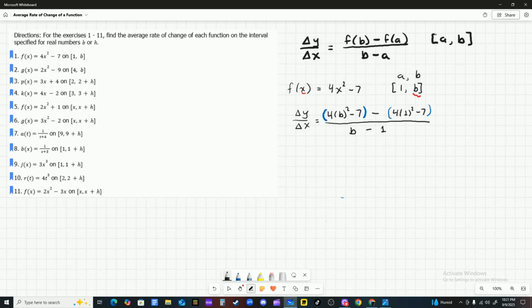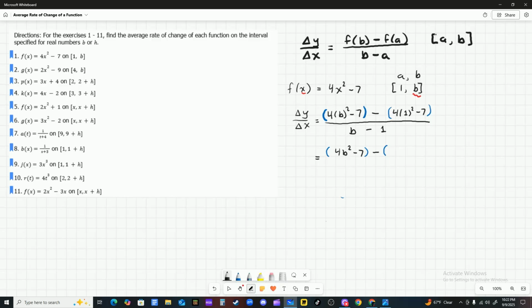So now we can start simplifying this to get our average rate of change. Inside the first parentheses, we have 4b squared minus 7, and we can drop the parentheses. Then minus, and let's put another parenthesis, because we're subtracting the whole quantity, not just the first term.